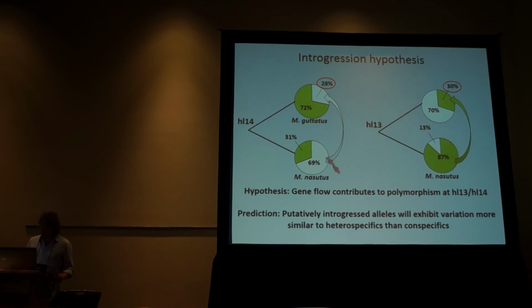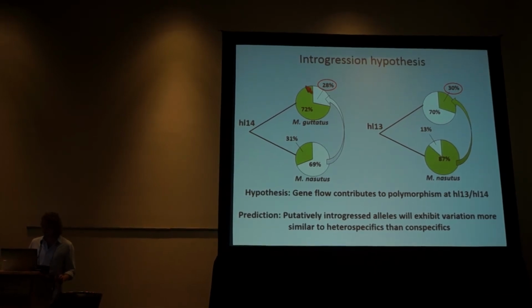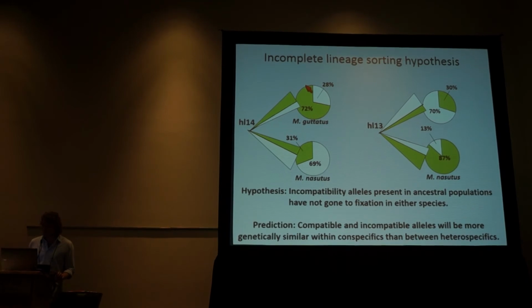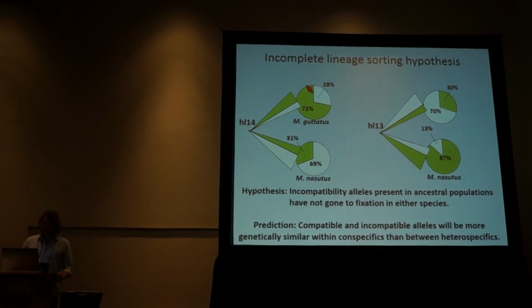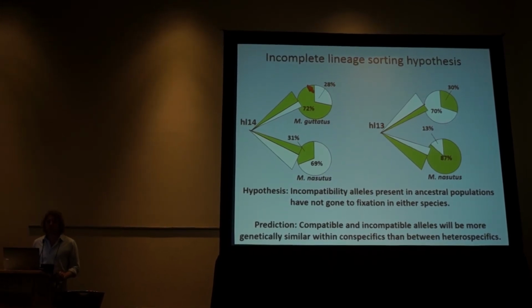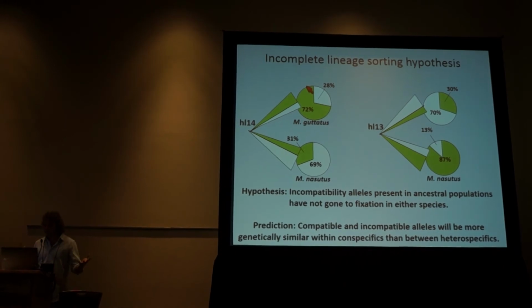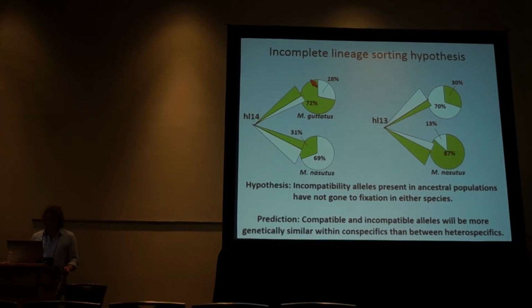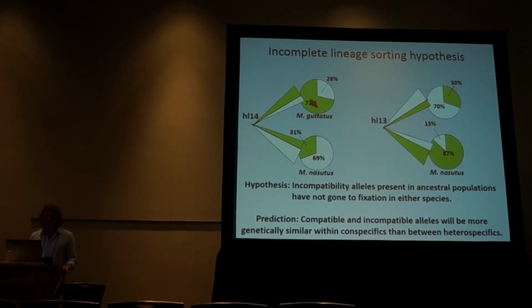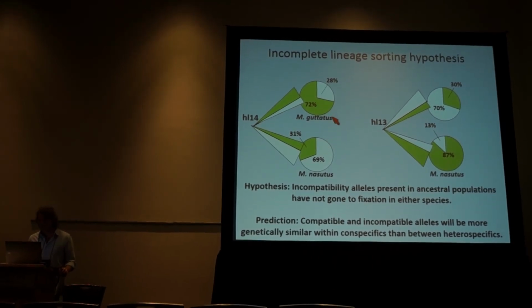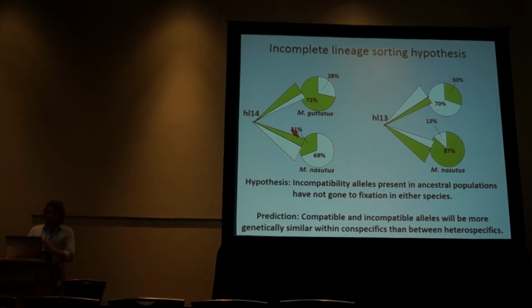So we would predict that putatively introgressive alleles will exhibit variation more similar to heterospecifics than conspecifics. Alternatively, there's the case of incomplete lineage sorting, where perhaps there was an ancestral gene pool of hybrid lethal 13 and 14 carrying Guttatus-like ancestors, and the alleles simply haven't sorted out yet within either of these species, and gene flow is very limited between Guttatus and Nasutus, and we just haven't resolved this yet.